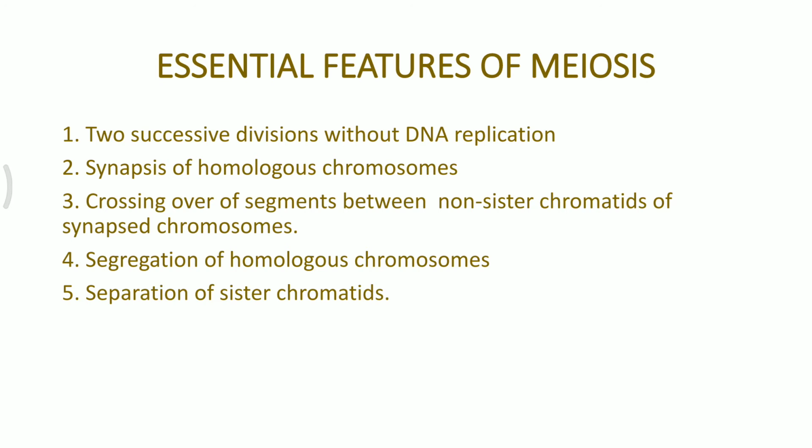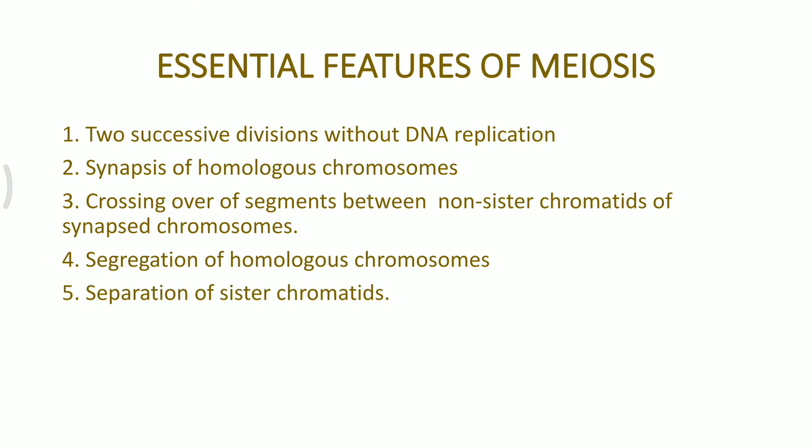Synapsis is the process in which the pairing of chromosomes actually occurs. Homologous chromosomes means the same chromosome of father and mother. So paternal and maternal same chromosomes are known as homologous chromosomes, but they come from two parents.